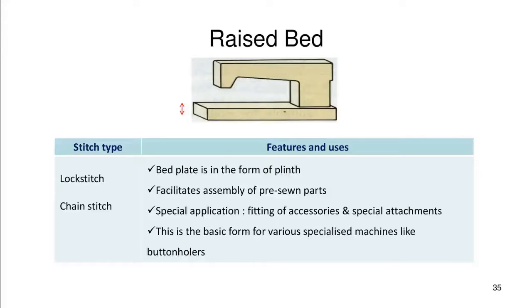It has a particular height. When it has a particular height, it facilitates assembly of pre-sewn parts. The parts which have already been sewn, now you have to do further operation. Because of this raised height, you can lift those parts where you have to do the operation and do the operation.